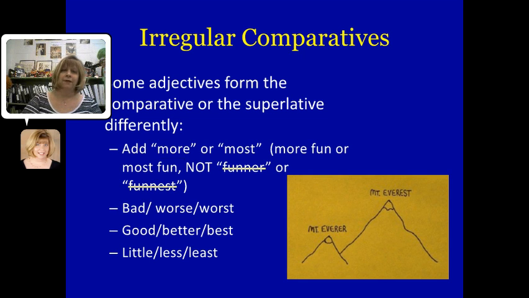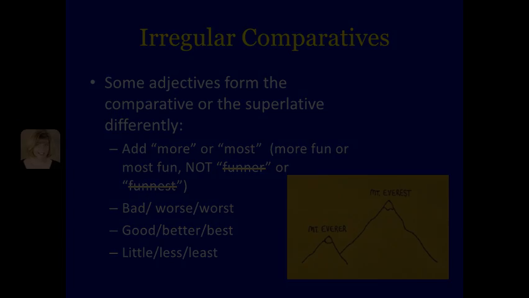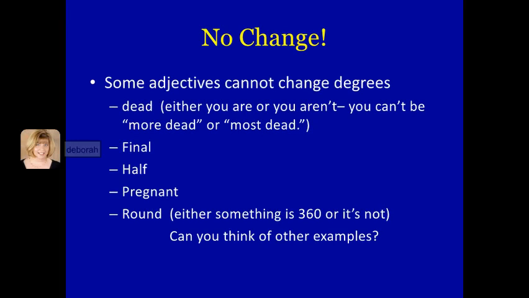You would add more in front of it instead. You say, that was more fun than the last time, or that was the most fun we ever had. In English, some other common examples would be bad, worse, and worst. You don't say badder. Good, better, and best. You don't say gooder. And little, less, least, for example. Those are some of the irregular comparative forms for adjectives.